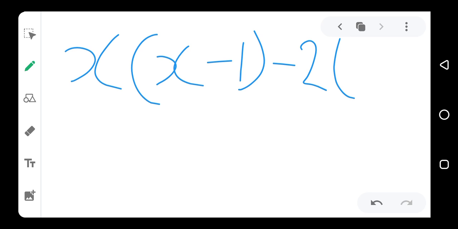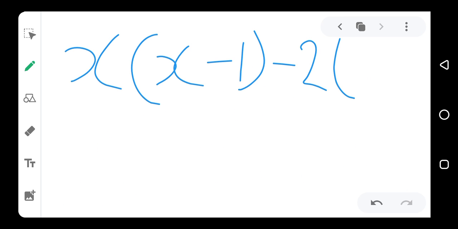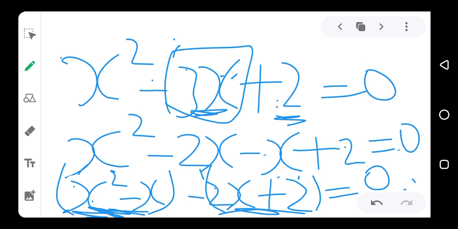Now use this 2 outside the brackets to divide 2x, we get x. Now we use the 2 again to divide 2, we are going to get 1.